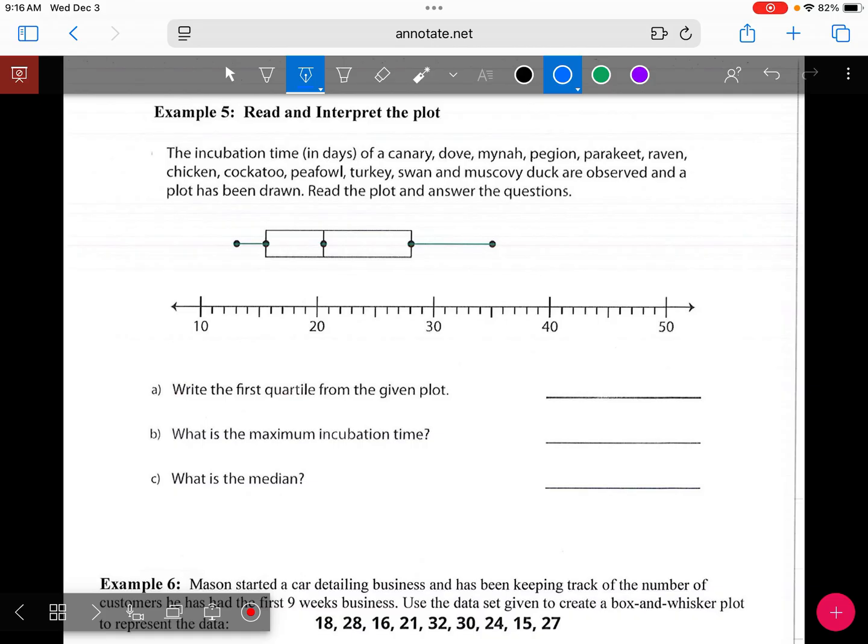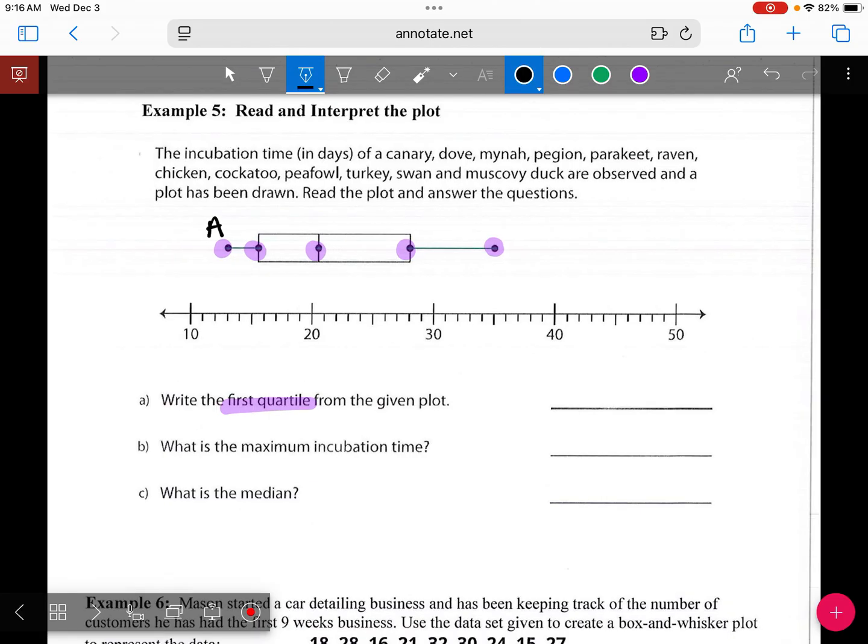So this is asking you for the first quartile. So you have to be able to look at this box plot and figure out, because one of these 5 is Q1. So let me go ahead and label these. A, B, C, D, E. All right, which point is my Q1?